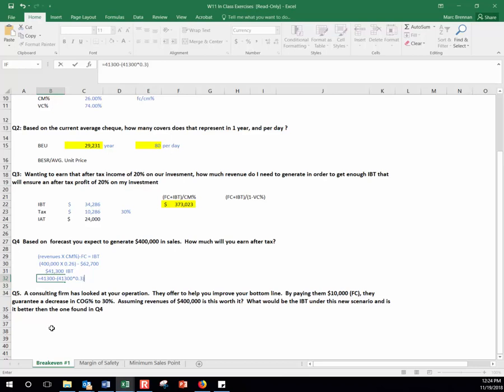Again, all I'm doing is going how much I have in operating profit minus whatever the tax will be. So we can figure out our taxes by going $41,300 times 0.3, which is the taxes, and that should give us an income after tax of $28,910. So that tells us how much we will earn based on these forecasts.